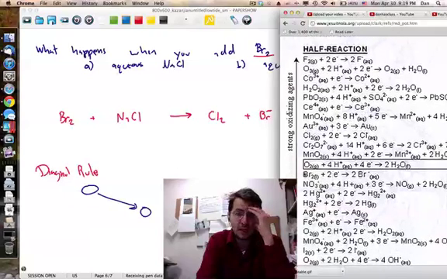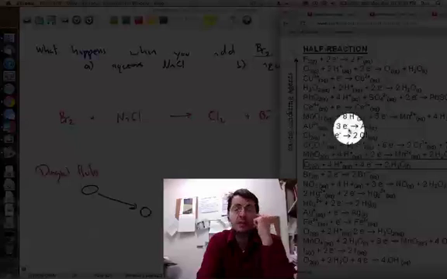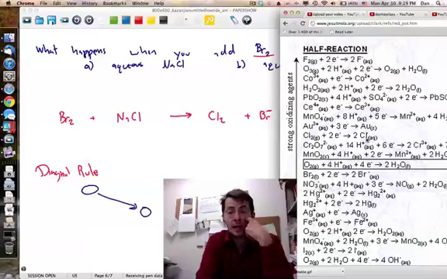So let's take a look at chlorine. We don't happen to see chlorine here, but if you look up the table, you see that chlorine will be reduced to chloride ion, but it's further up on the reduction potential table. Therefore, the chloride will not be oxidized up to chlorine gas.